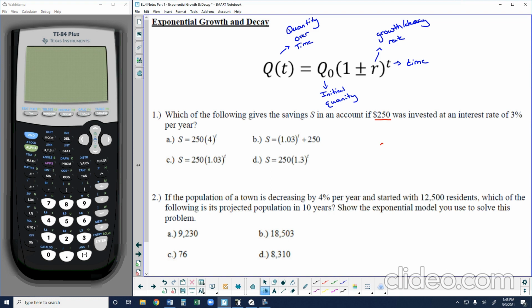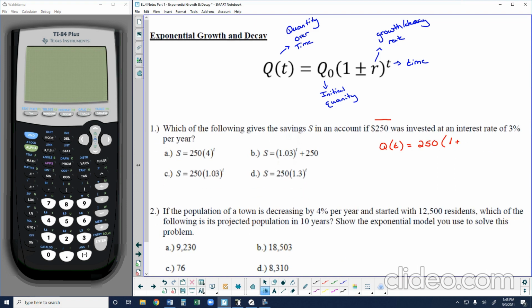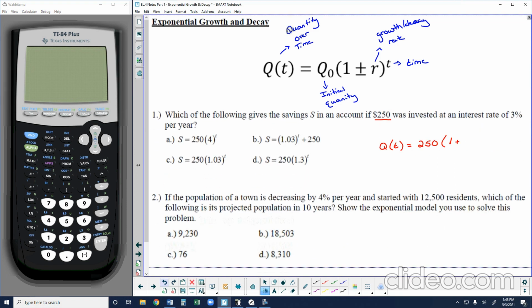So Q of t, as we have it written above, is going to be equal to 250 times an increasing rate. When we increase, we are going to add the percentage to 1. So this would be 1 plus the 3% rate at which we are going to be accruing interest on a yearly basis.